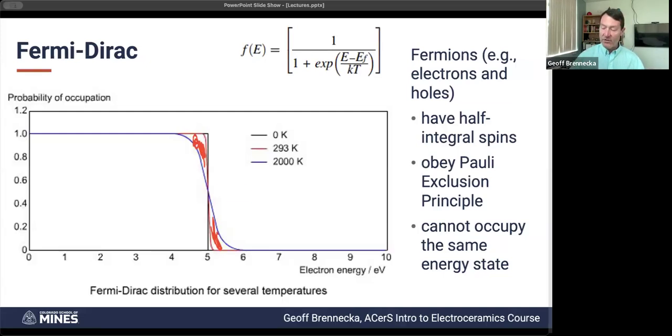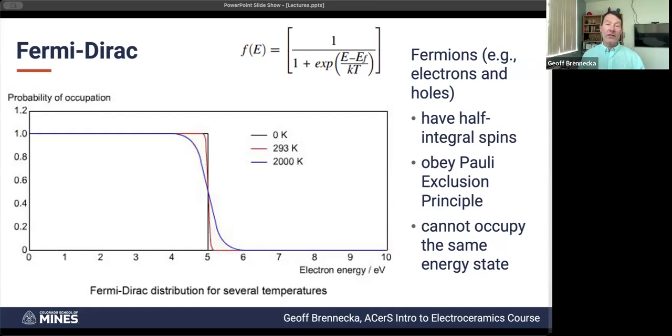But you'll notice this center point is always the same. Regardless of the temperature, this midpoint is not going to change. We just change how many of the low energy electrons moved up into higher energy states. And so that distribution is always symmetric for a perfect material.